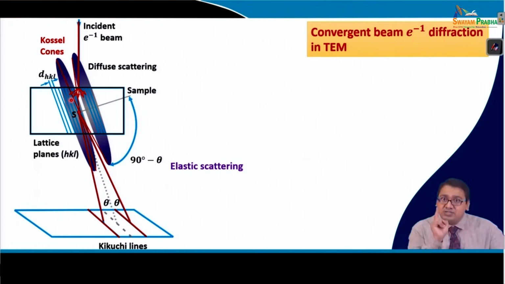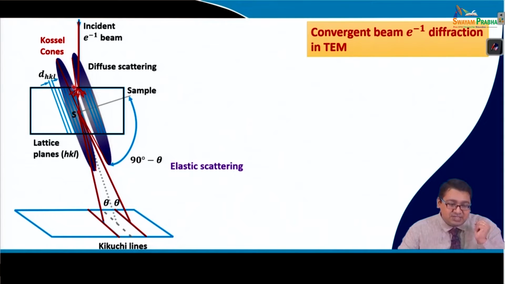that scattering, because it is a single scattering, will be an elastic scattering. When this scattering takes place, because of the periodic arrangement of the atoms, the various HKL planes can lead to reinforced scattering, which is basically diffraction, and this diffraction occurs as if in a locus of points, like a Kossel cone.